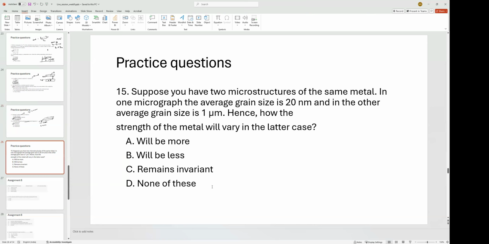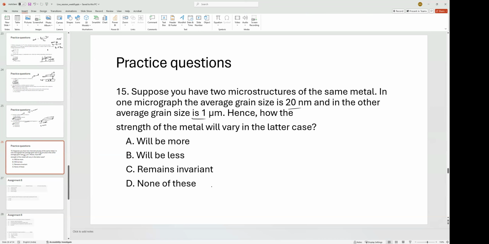Suppose you have two microstructures of the same metal. In one micrograph, the average grain size is 20 nanometers. The other is 1 nanometer. So how will the strength of the material vary in the latter case?